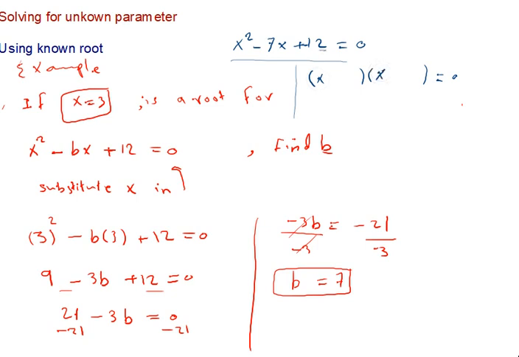Both of them have x's, and I need two constants that when multiplied give me 12, and when added give me 7. First, the product is plus, so they have to be negative and negative. Minus 4 multiplied by minus 3 gives 12, and minus 3 minus 4 gives me minus 7. So either x equals 4 or x equals 3. We are given 3, so our solution is right. The other root is 4.